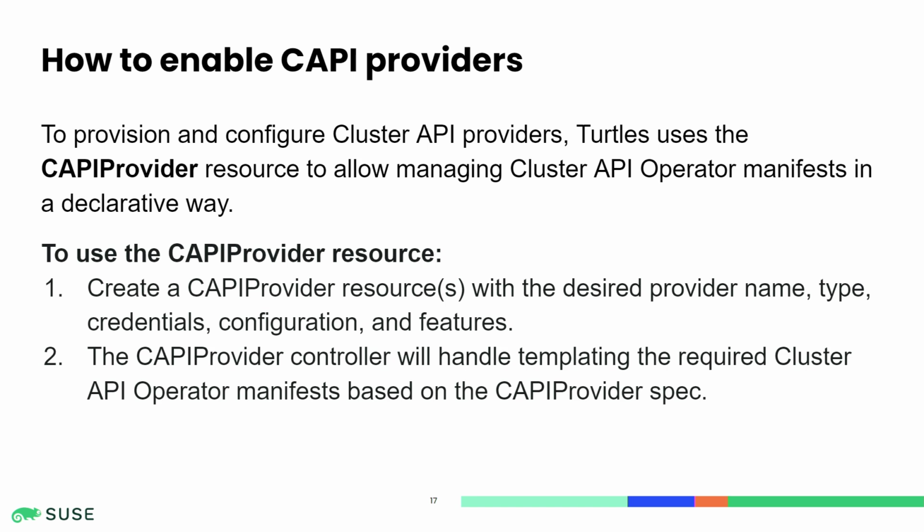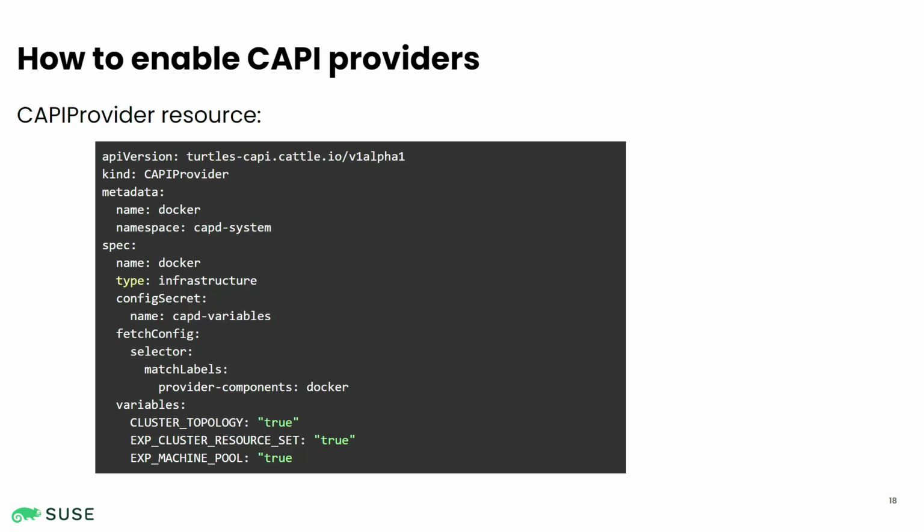When you create this resource, which looks like this, you essentially declare the desired provider installation in your cluster, and it will bring the controllers, operators attached to this and install them in your cluster. Like in this scenario, it's a Docker infrastructure provider. It can declare some secret sources to store the required definitions for the provider to act themselves.